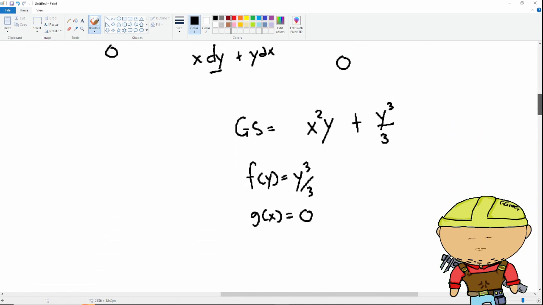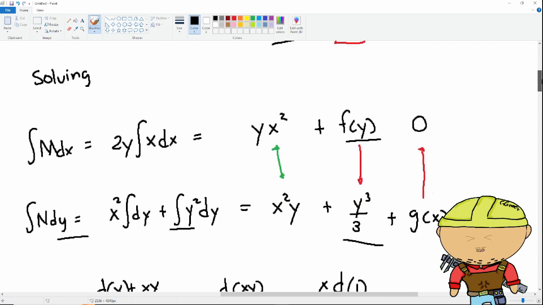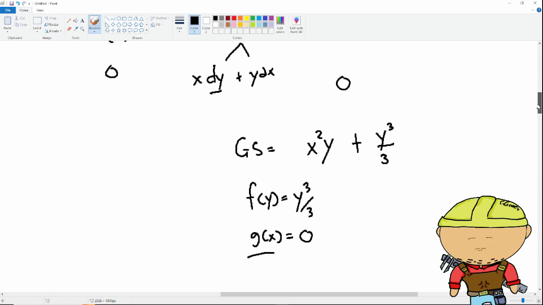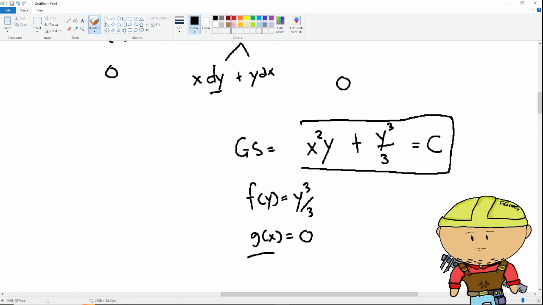So y cube over 3, while g of x is a term containing only x, but because in the mdx and ndy there's no term containing only x, g of x is now 0, meaning there's no term of x only. Then we're gonna put a constant at the end. This is now our general solution.